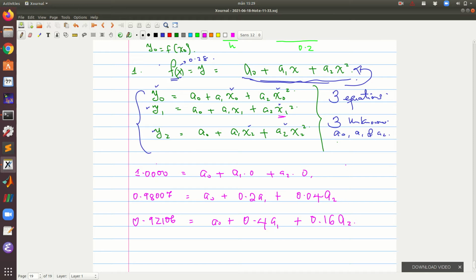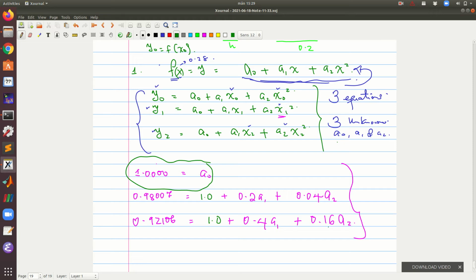Okay, so you have this equation. Remember, this is 0, so we don't need this. And we are very lucky that from the very first equation, we already have the value of a0, which is 1. So you can just substitute here: this is 1.0, and this is 1.0.